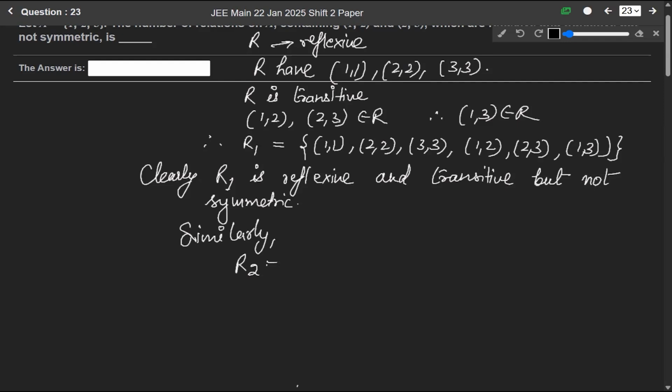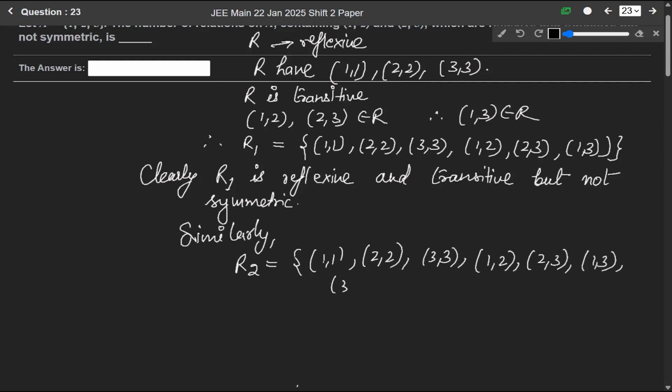R2 will be equal to {(1,1), (2,2), (3,3), (1,2), (2,3), (1,3) and (3,2)}. Okay.